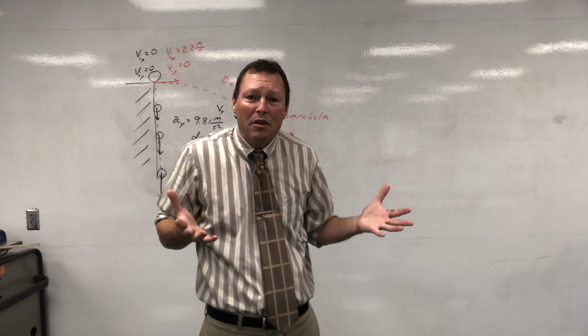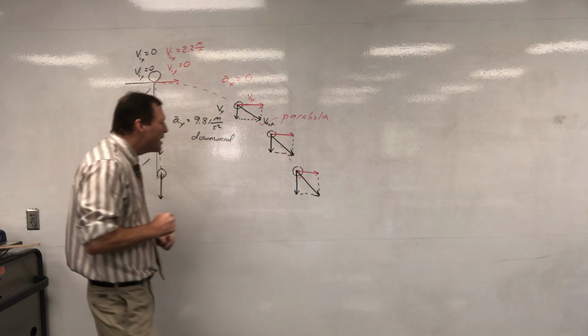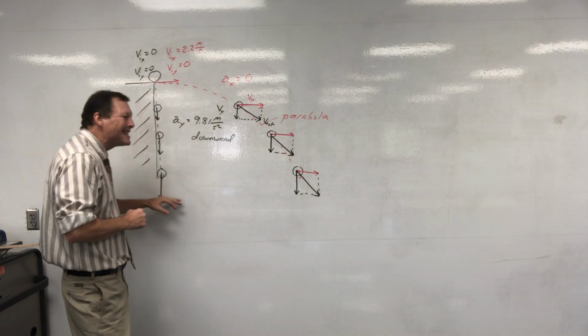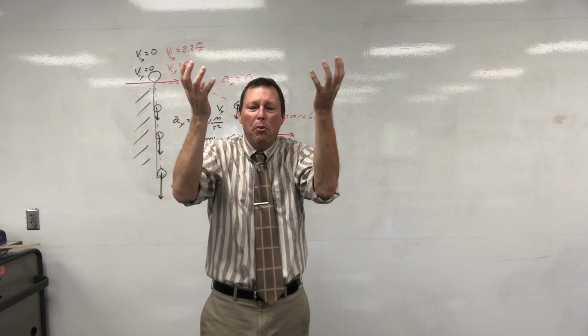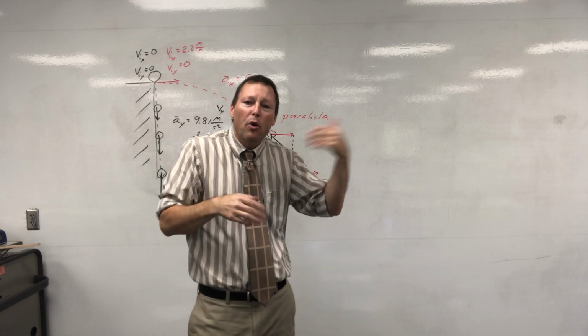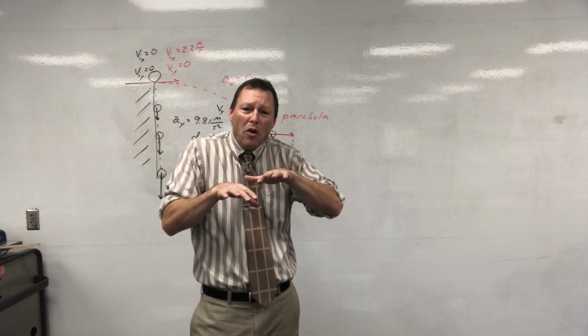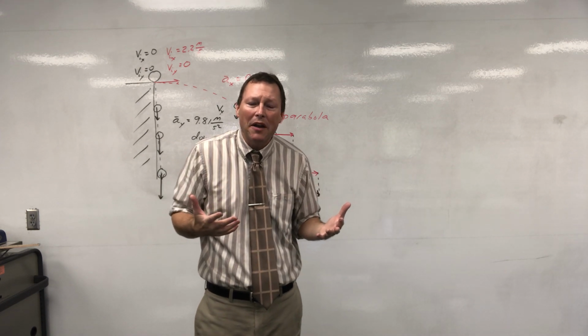The thing is, it's going to be the same as the demo. They're both going to hit the ground at the same time, right? Because gravity is accelerating both bullets downward at the same rate. The bullet that was fired from the gun is also, as it falls to the ground, moving horizontally.